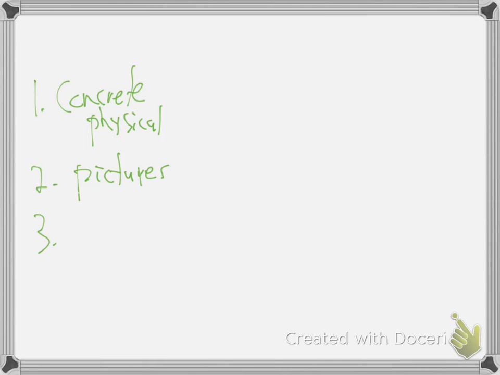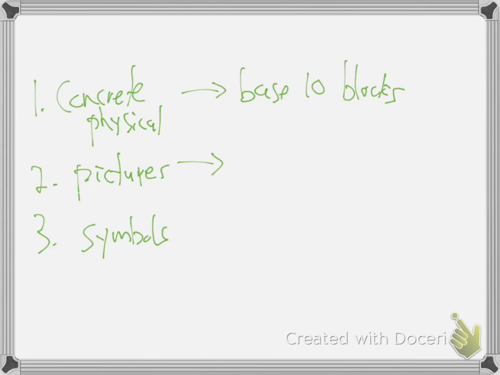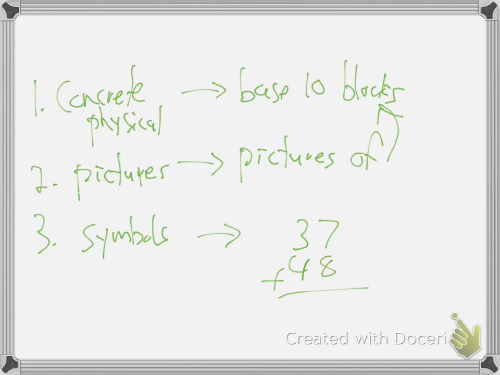And then step 3, of course, that's where you go to symbols, right? So on the concrete level, might be base 10 blocks. And then on the picture level, you know, pictures of base 10 blocks. And then step 3, symbols, you would actually be adding in the base 10 system with symbols, right?